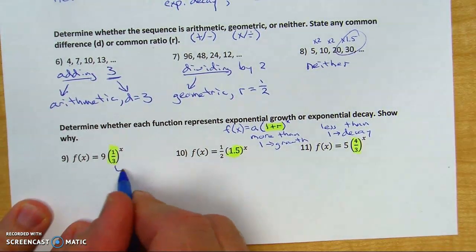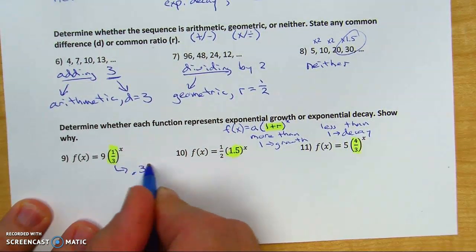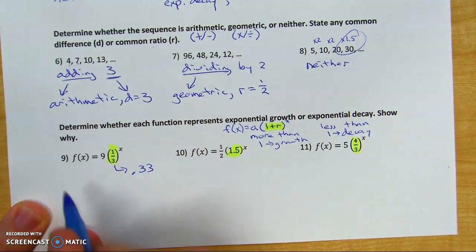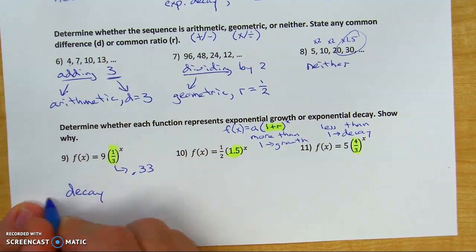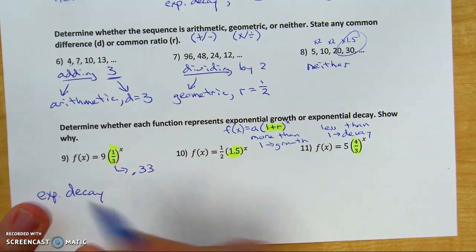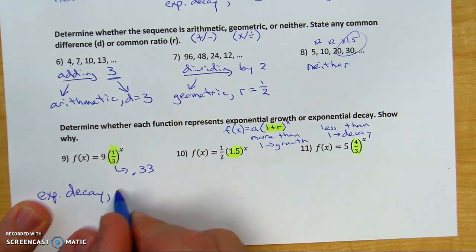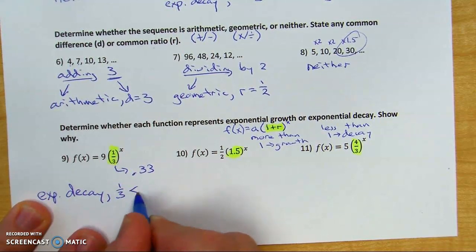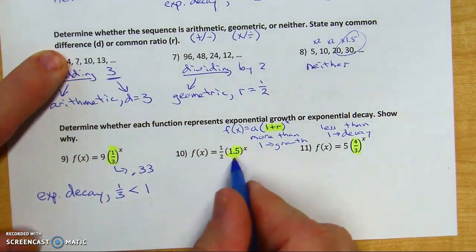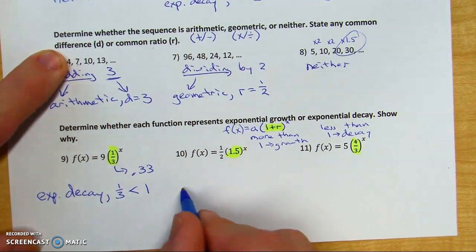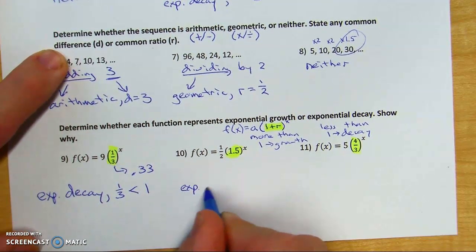So 1/3, that's equal to 0.33. That is less than 1. So this would be an example of exponential decay. I'll go ahead and write EXP right there, exponential decay. And then the why part, you could just say 1/3 is less than 1. I'll use the symbol there. Over here, 1.5 is bigger than 1, so that would be exponential growth.